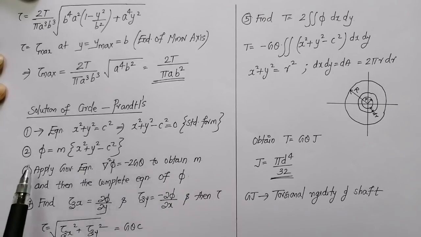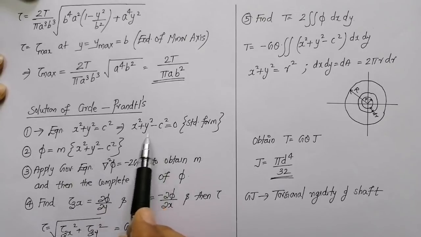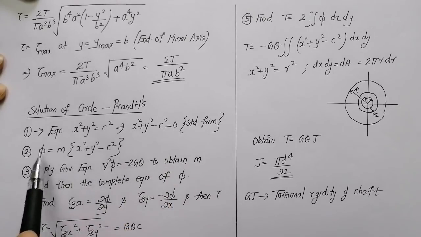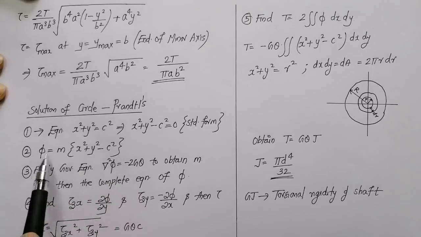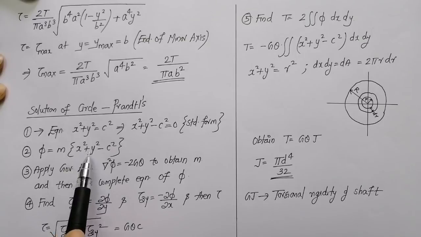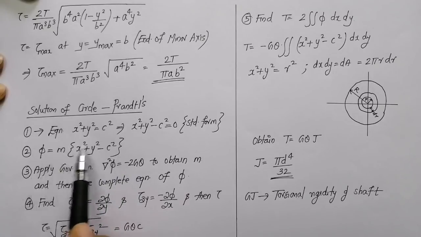Now the next step is to apply the boundary condition, that is phi equal to 0 on the boundary. We have the boundary condition phi equal to 0 on the boundary. So which means now this is also 0, which means phi equal to some constant m into this term. Phi equal to m into x square plus y square minus c square. So this is the standard form of phi before proceeding to the Prandtl's problem.